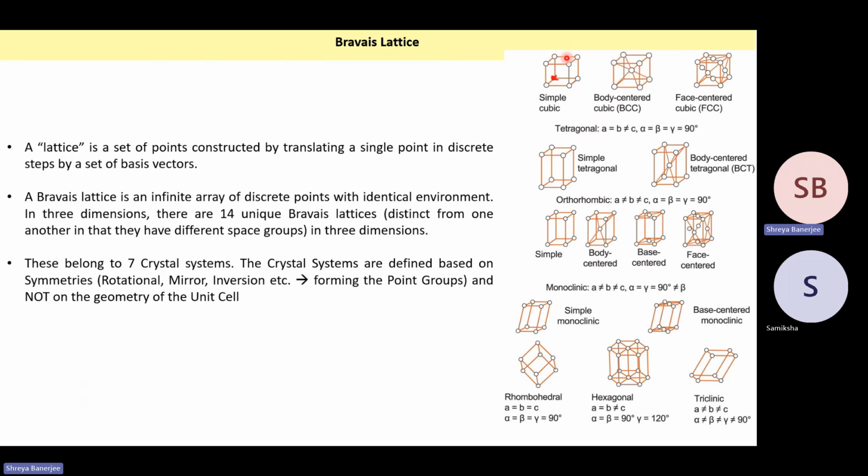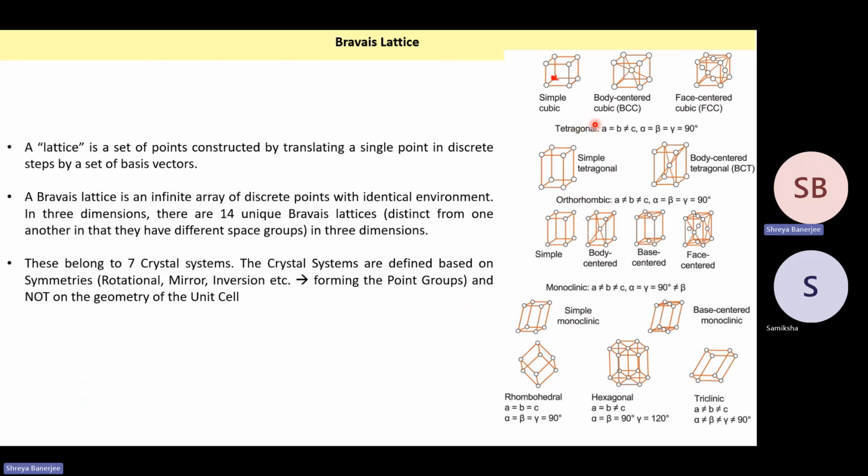Body-centered cubic is, in addition to the simple cubic, you have one molecule in the center of the cube. And face-centered cubic is that in addition to the cubic, you have one molecule in the center of each face. So that is face-centered cubic.